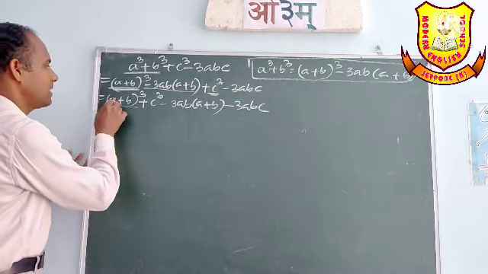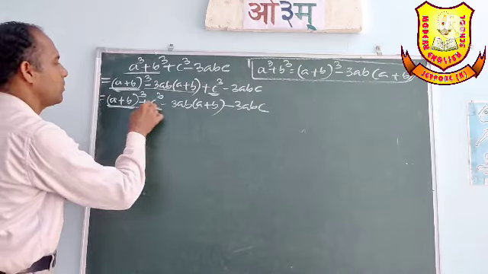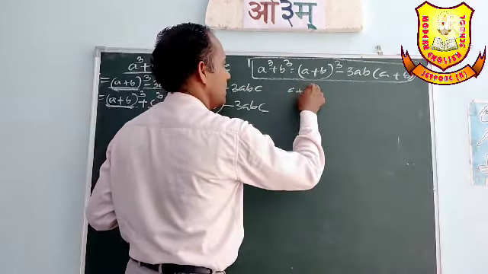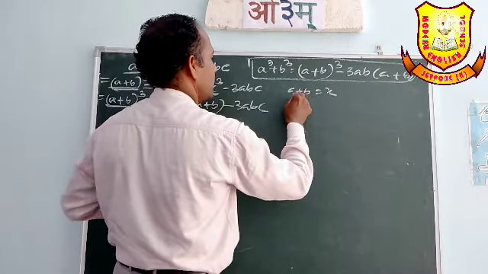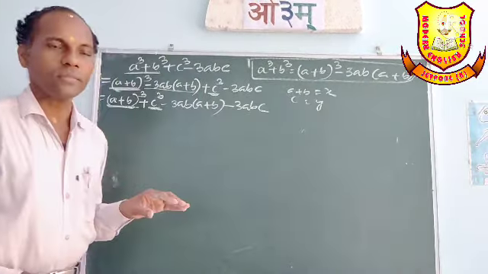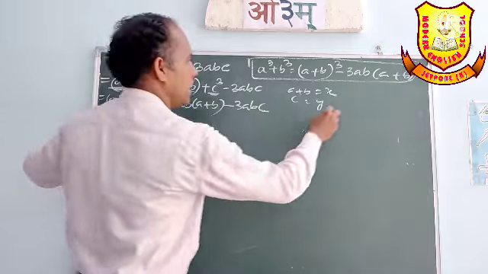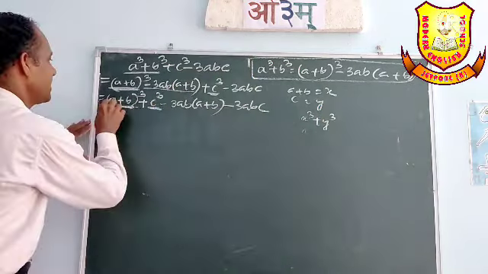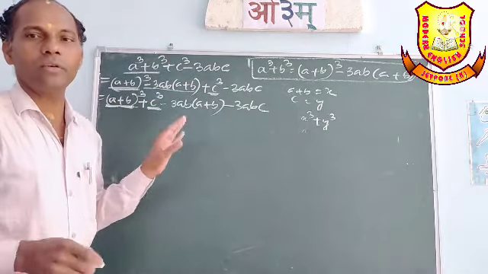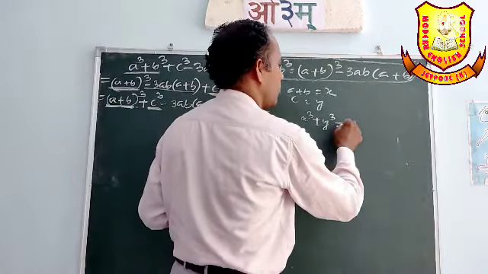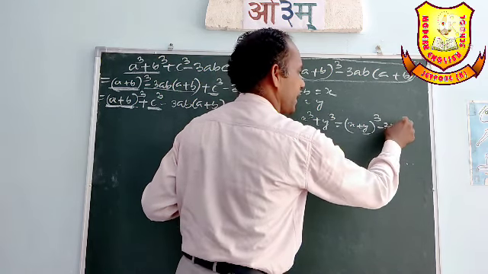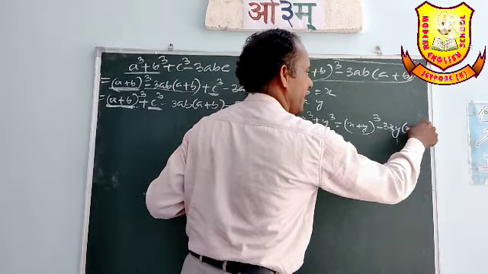Now here you can take a plus b as x, and c is equal to y. So this is x cubed plus y cubed, and x cubed plus y cubed equals (x plus y) whole cubed minus 3xy whole into (x plus y).